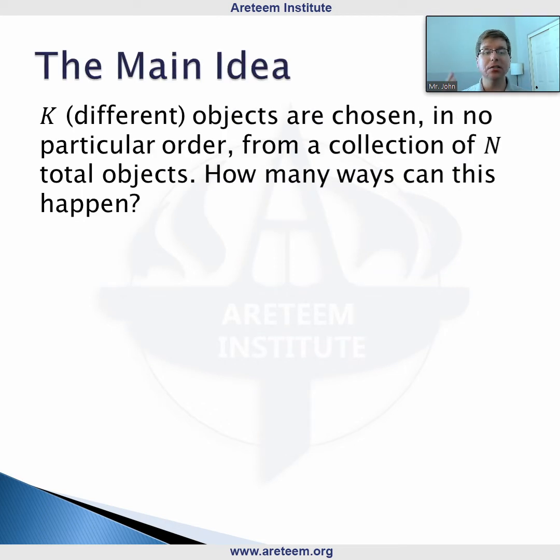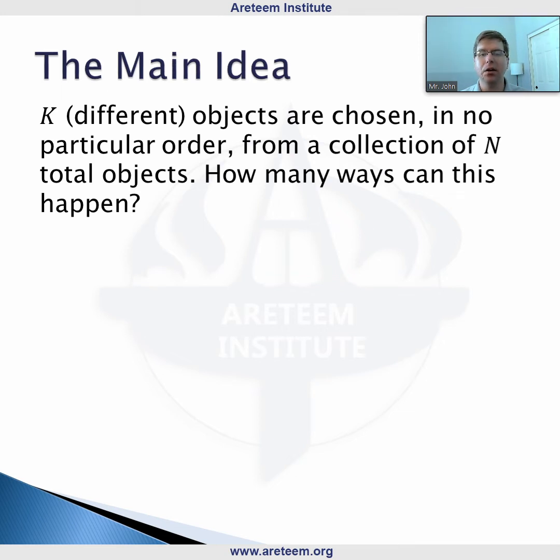Now, again, this is always part of a bigger kind of example, a bigger problem that is asked over and over. So the general question here is we have k different objects. They're chosen in no particular order from a collection of n total objects. How many ways can this happen?